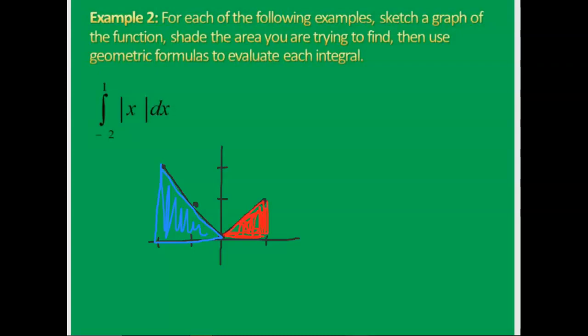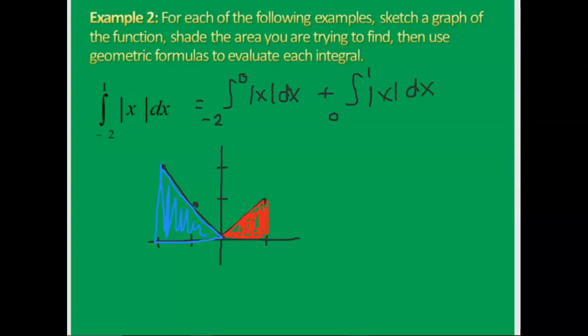So to find the area of that integral from -2 to 1, we're actually thinking of it as 2 integrals: from -2 to 0 for the blue part, and 0 to 1 for the red part.